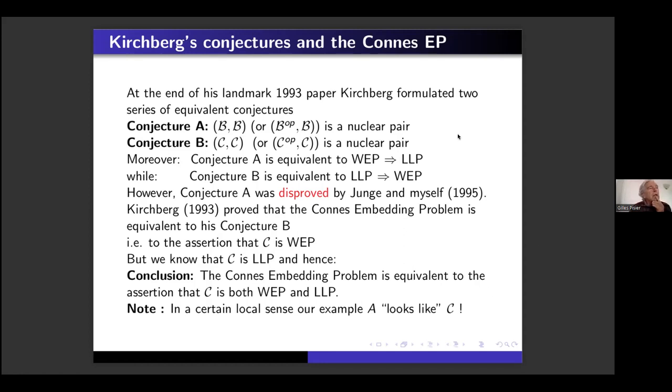Main conjecture A is that the pair B of H, just B of H, is a nuclear pair, while the conjecture B is simply that the pair C C is a nuclear pair. And then he shows that conjecture A is equivalent to the implication WEP implies LLP, while conjecture B is equivalent, this he shows, to the implication LLP implies WEP.